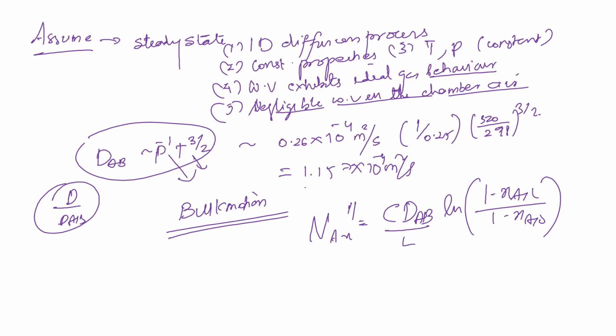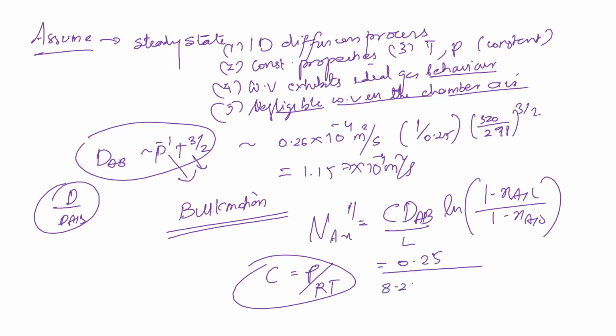C becomes equal to P by RT, and that value comes to be 0.25 by 8.205 into 10 raised to minus 2 into 320. So we need to determine those values.